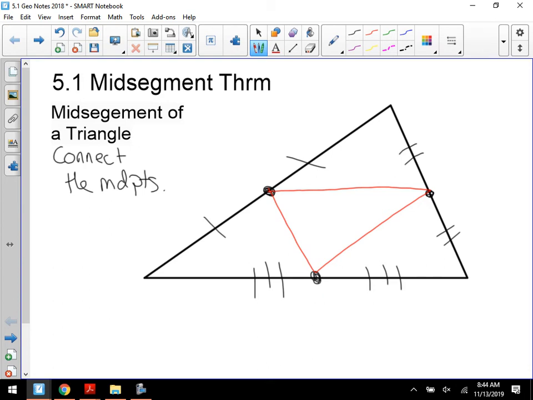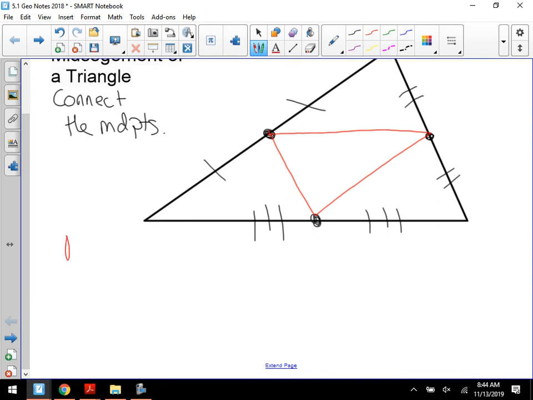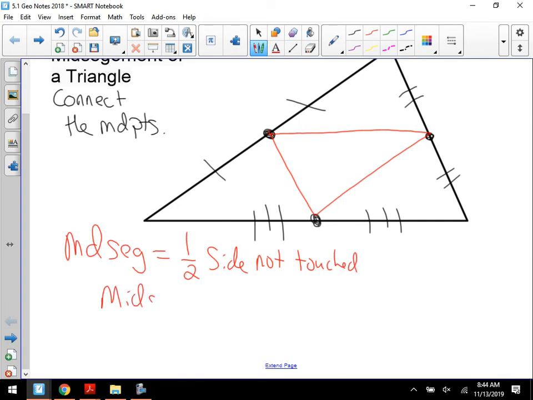So the mid-segments have a couple of properties. The mid-segment equals half the side it doesn't touch. And the mid-segment is parallel to that side.